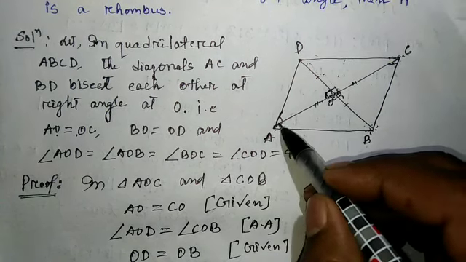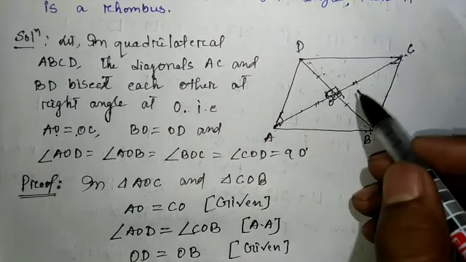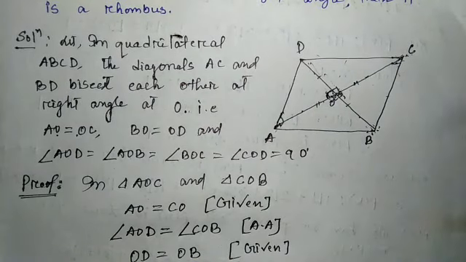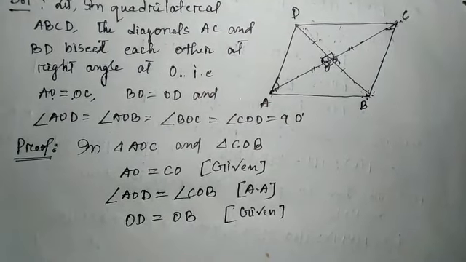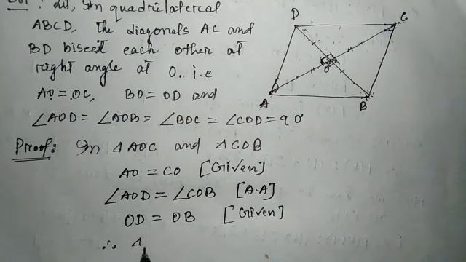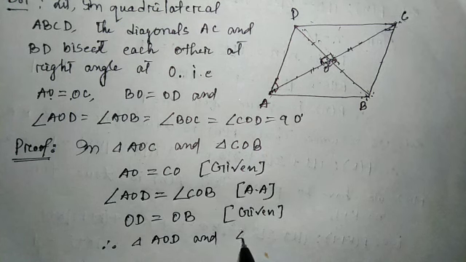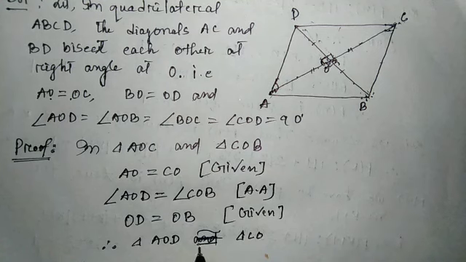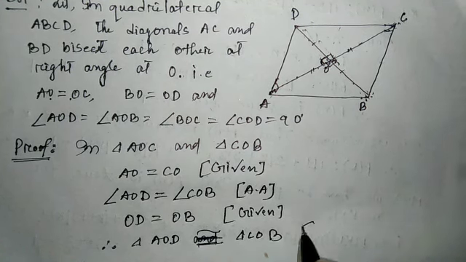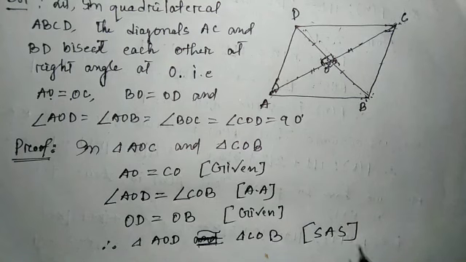So by side angle side criteria, these two triangles are congruent. Therefore triangle AOD is congruent to triangle COB, by side angle side criteria.